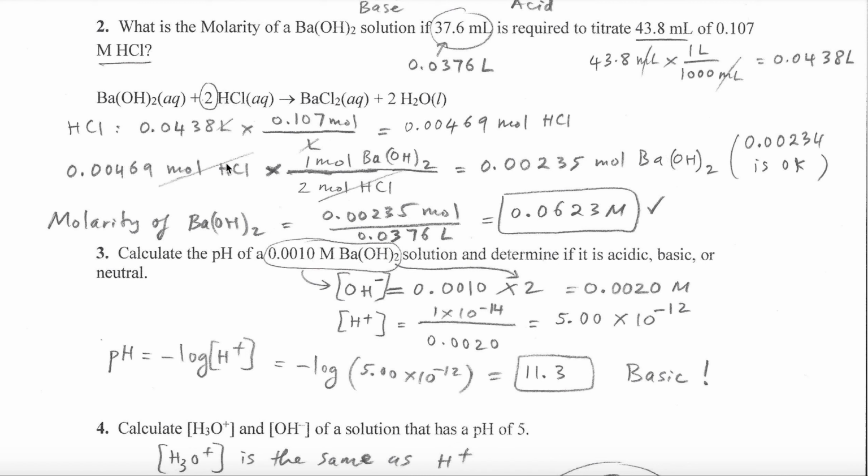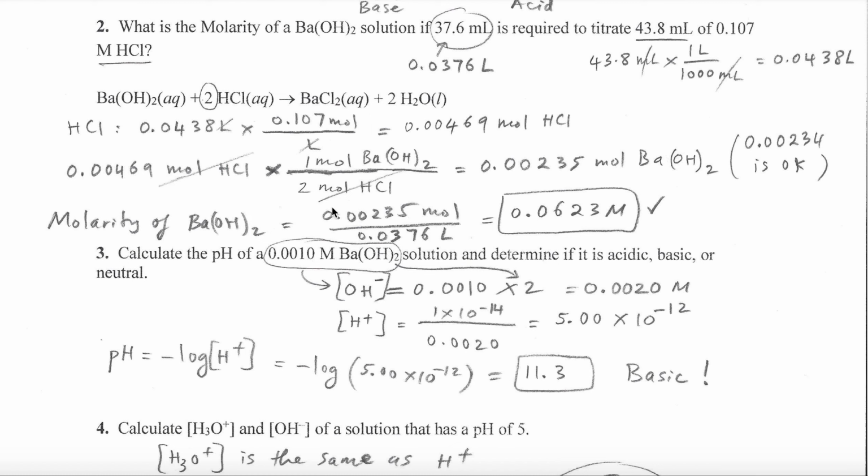Notice we need to cancel out moles of HCl because we're looking for moles of barium hydroxide. Go ahead and put it in your calculator, and you should get 0.00235 moles of barium hydroxide. If you're off by a little bit, that should be okay.